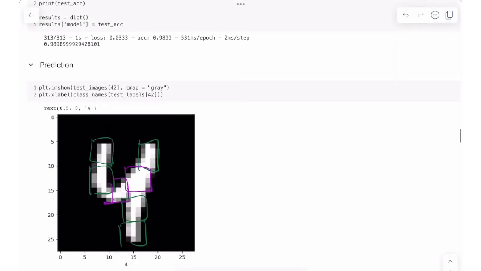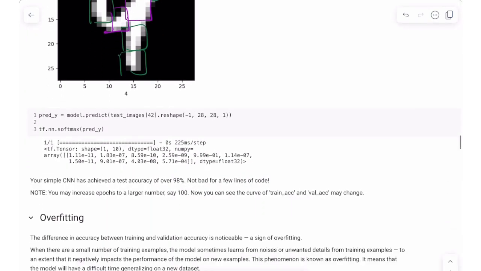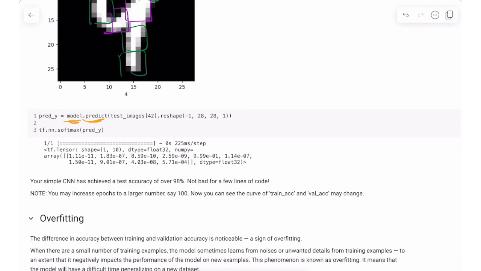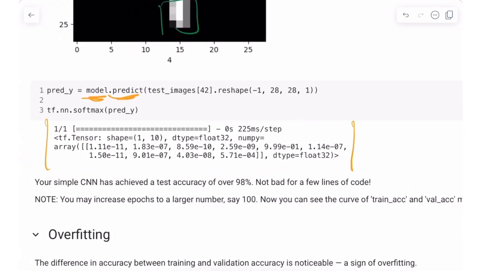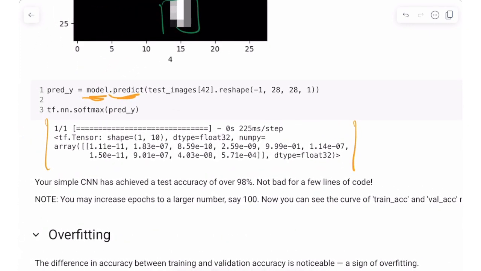Again, we can perform prediction after you train the model. Given a new sample, we randomly choose a sample from the test images. Apparently it is a 4, right? We put it into the model for prediction, and the result will be something like this. Since we perform softmax, we have 10 different numbers, one for each category.